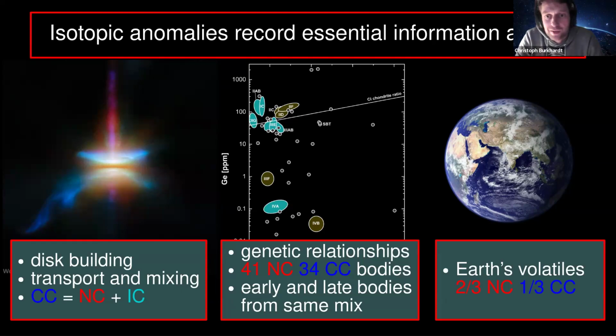But I don't know. It could also be that there's some late infall that happens on the outer disk again with different material. But a comet sample would be great to test this.